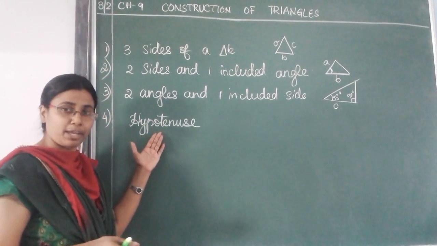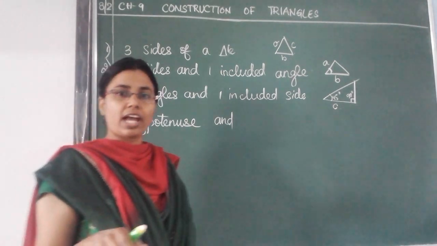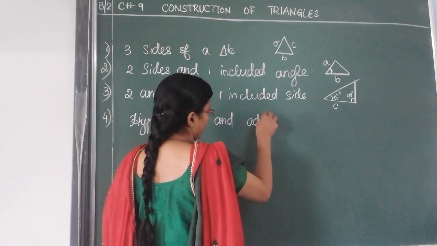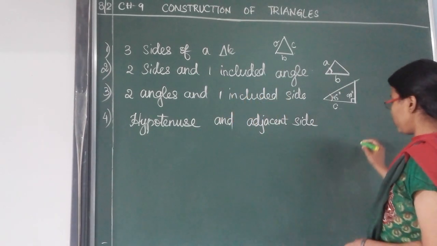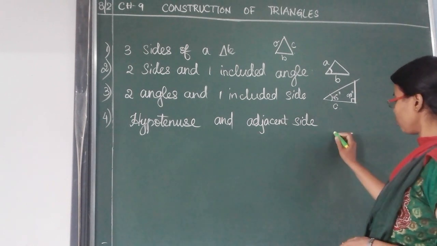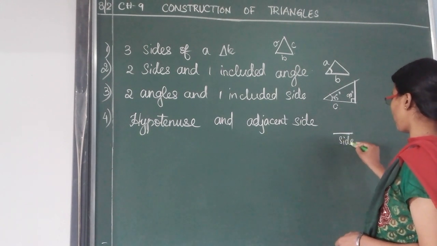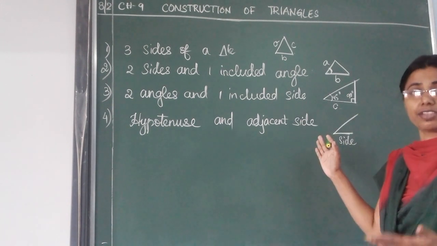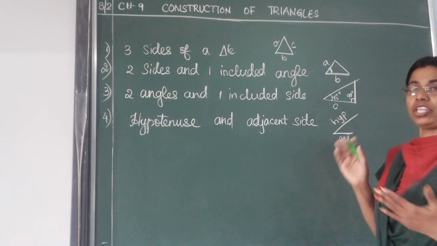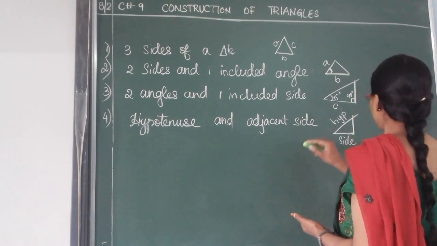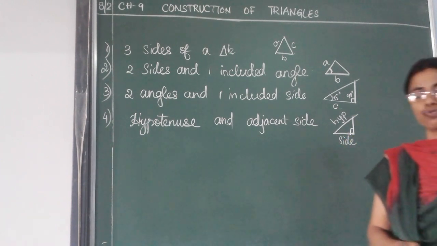So here the hypotenuse, and if you know the hypotenuse and adjacent side, okay, so you know the length of this, this is the adjacent side, and then you know the hypotenuse. Hypotenuse is this length, the longest side. When you draw the 90 degrees measuring with your protractor, this is a triangle which is formed.